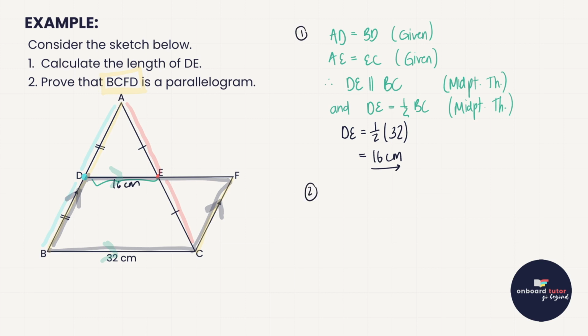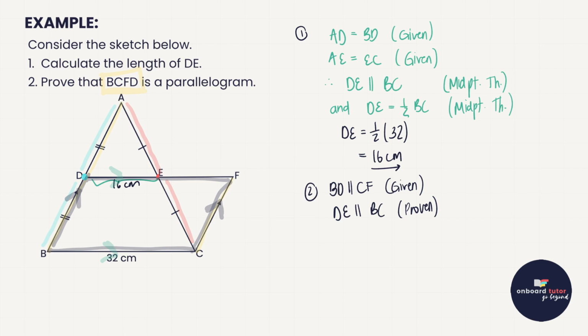Okay, so that was question 1. This is question 2. Okay, so starting off, we're going to say BD is parallel to CF. That was given. And then we're going to say DE is parallel to BC. We proved that in the previous question, so proven. But DE is not quite the whole side length. Do you see that? We need to prove it's all the way to DF.